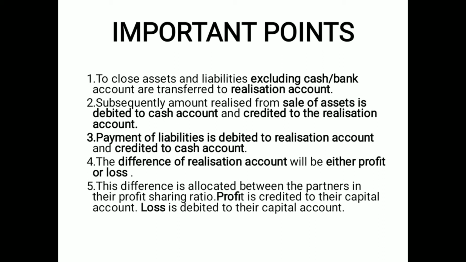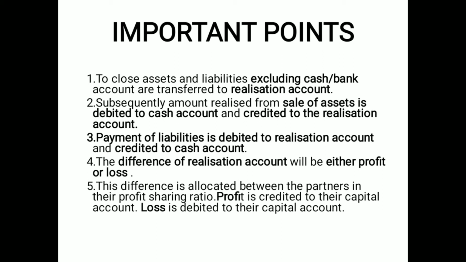Finally, the fifth point says the difference is allocated between the partners in their profit sharing ratio. Again, let us compare this with revaluation account. The amount of difference in that account was profit or loss. Similarly, the amount of difference on balancing realization account is profit or loss again.